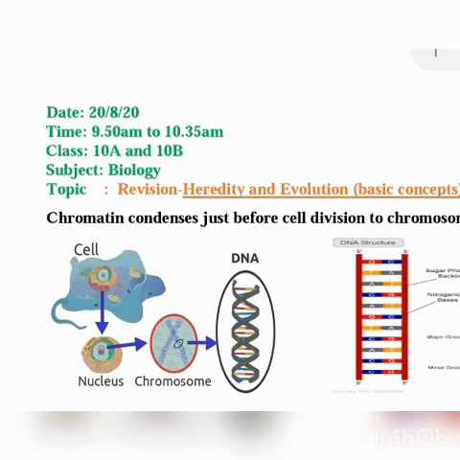Now when the exchange of material takes place, you will see the maternal chromatid, denoted by red color, and the paternal chromatid, denoted by blue color, which are on the inner side of the chromosome, will overlap with each other.